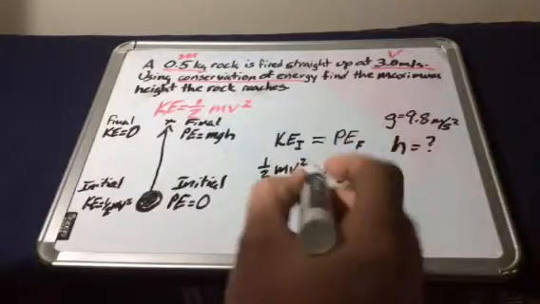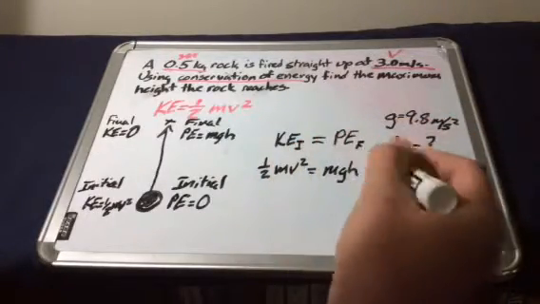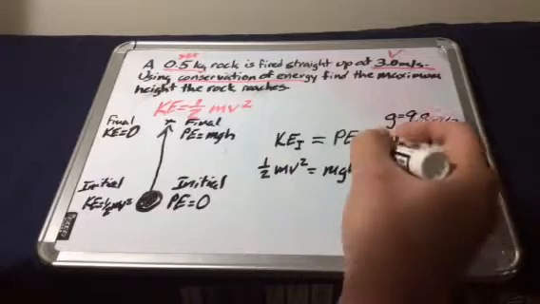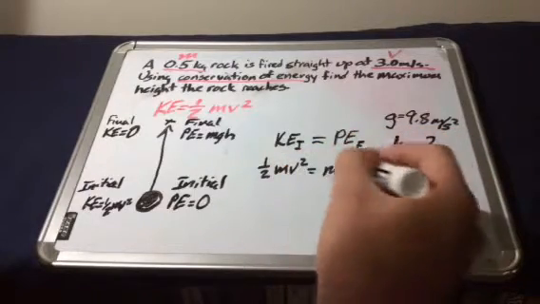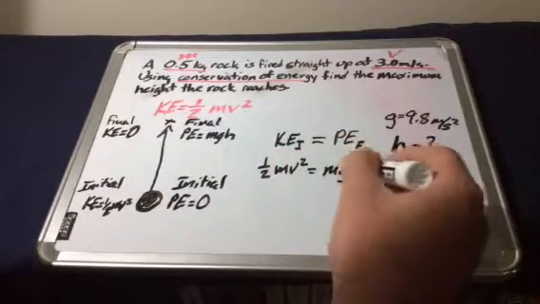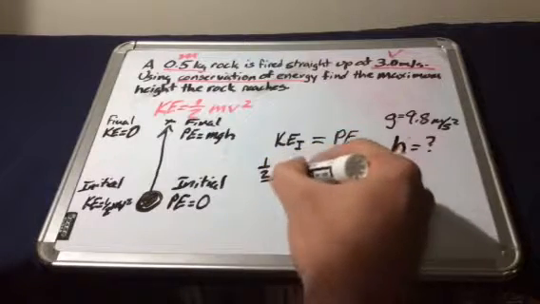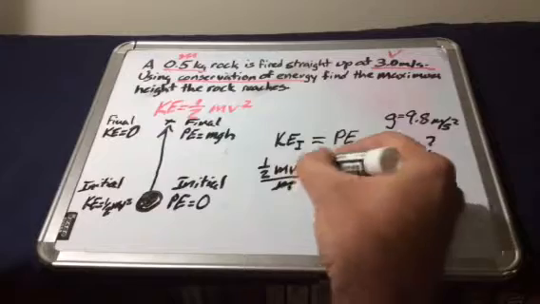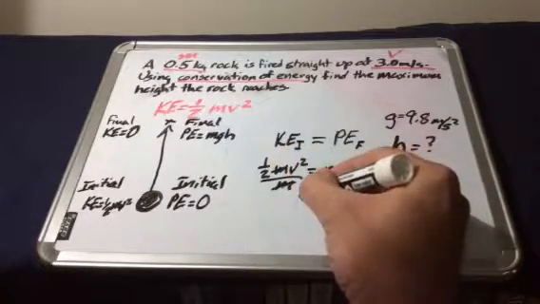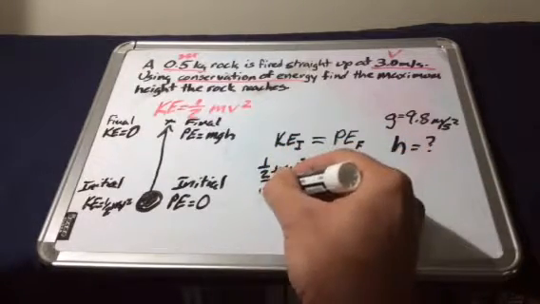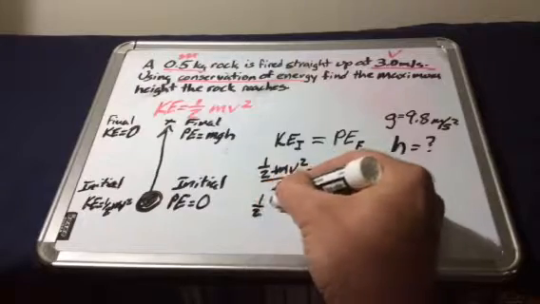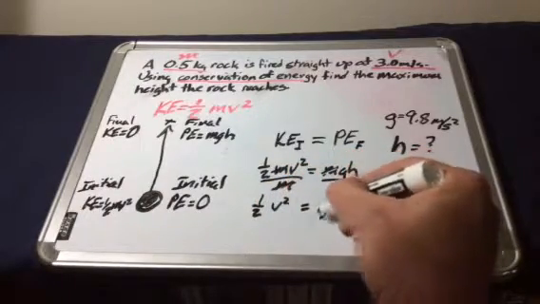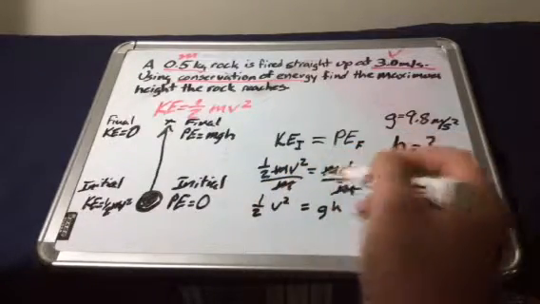Let's isolate that variable. Let's start with mass. To get mass on a side by itself, we divide both sides by m. Guess what? Mass cancels out, so we don't have to worry about it. We have 1/2 v squared equals g times h.